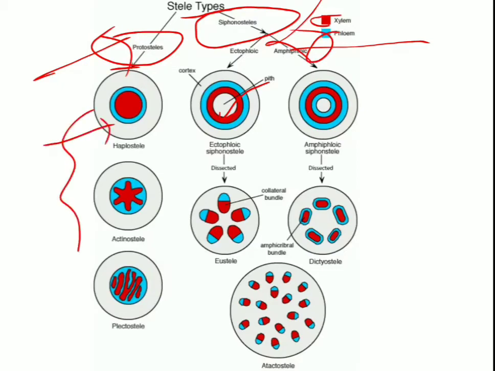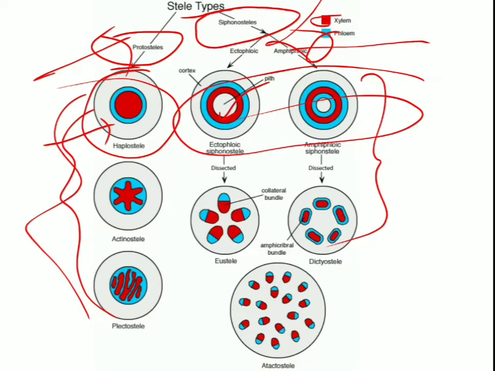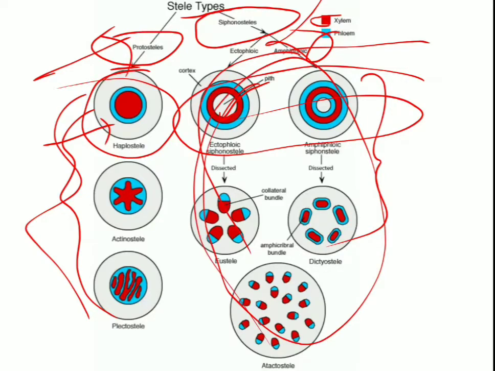There are different types of protostele, and there are two types of siphonostele. Where the pith portion is absent, it is known as protostele, and where pith is present in all portions, it is known as siphonostele.